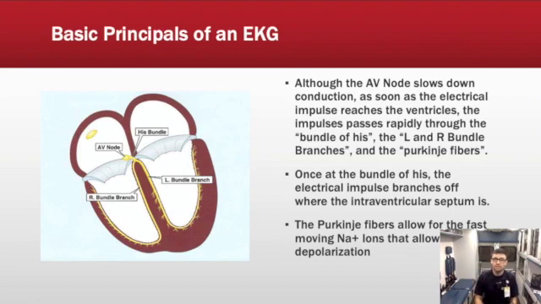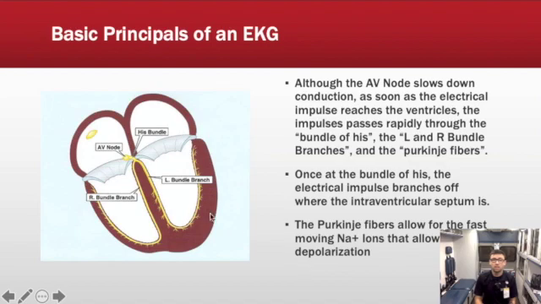That's all you need to know about the pathway. SA, AV, which slows it down, right? Bundle of His, which is honestly just a pathway to get down. And then the left and right bundle branches that branch off into these tiny Purkinje fibers that are allowing the ventricles to get some type of electrical activity.